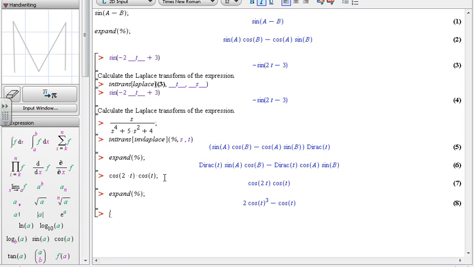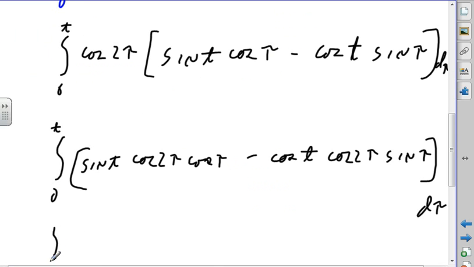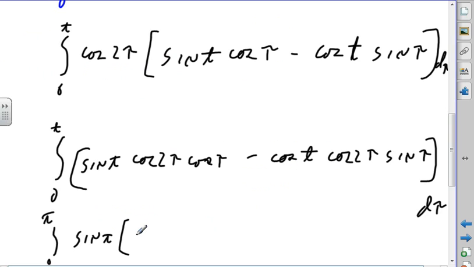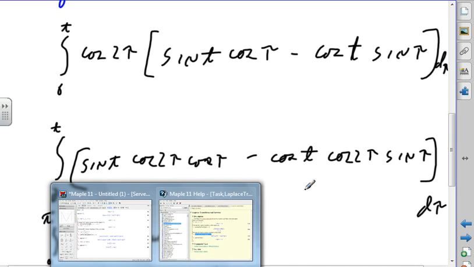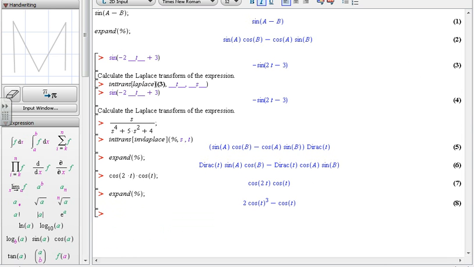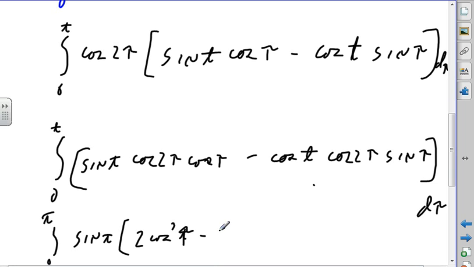All right, so this is the integral from 0 to t of sine t times 2 cosine cubed tau, that's a tau, minus cosine tau.